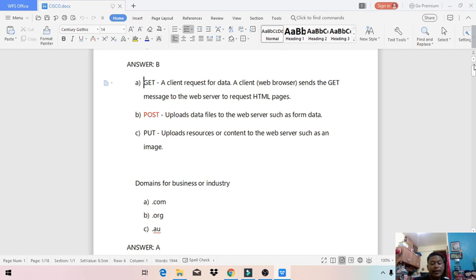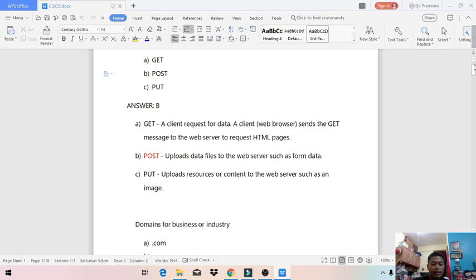This is the explanation of why the correct answer is correct. And the black word is a wrong answer. This is the explanation why the black word is a wrong answer.